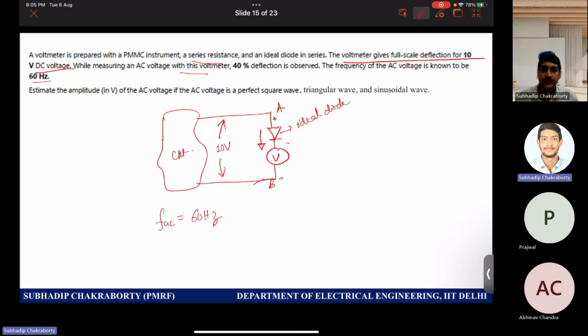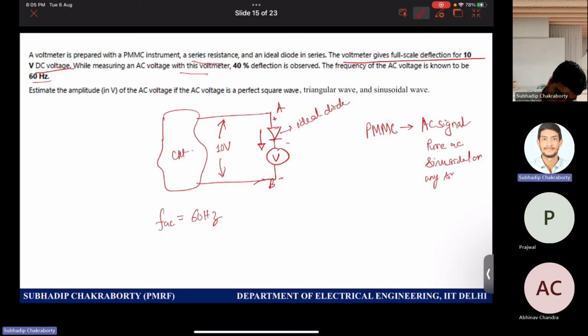So first question, can PMMC measure AC? A pure AC signal, a sinusoidal signal, or any AC signal, symmetric or asymmetric?